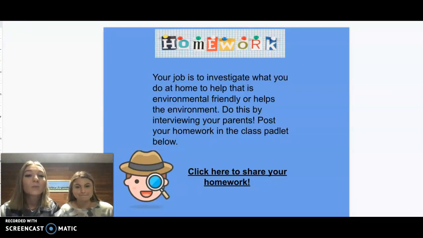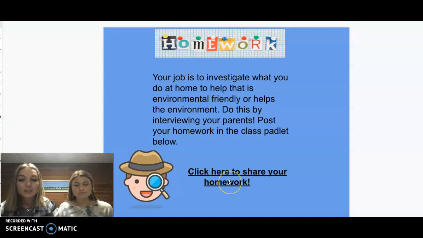Okay, now I have some homework for you. Your job is to investigate what you do at home that is environmentally friendly or helps the environment. Do this by interviewing your parents. Post your homework in the class Padlet below. Again, you're just going to click this link. It's going to take you to the Padlet where you have all your other answers, and post what you do at home to help the environment.